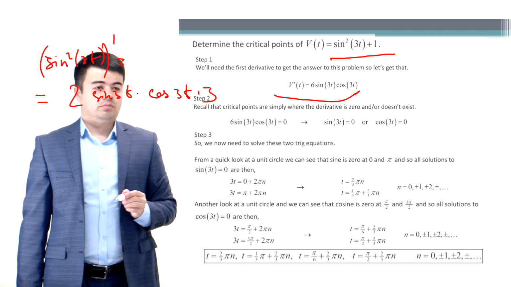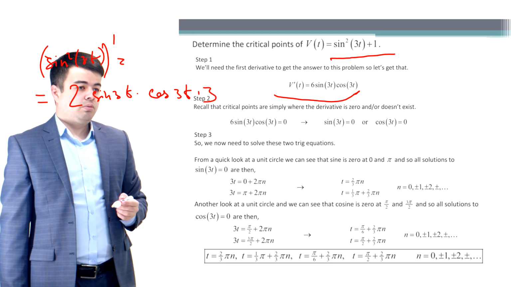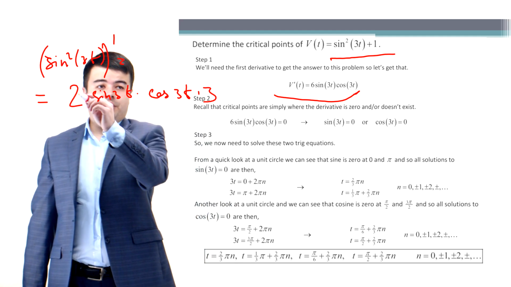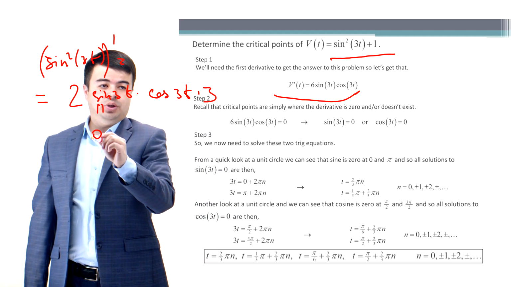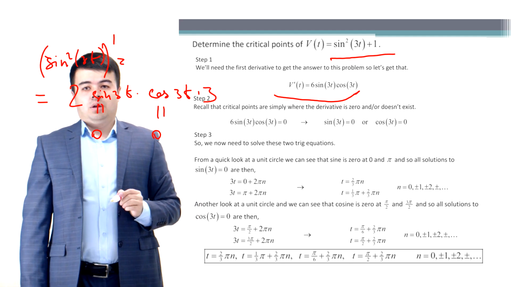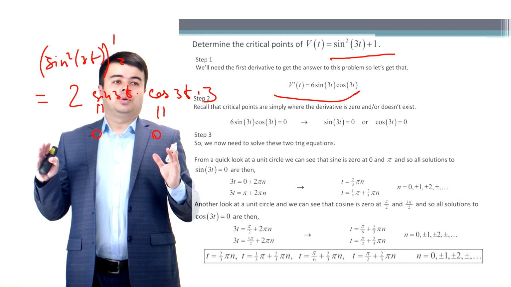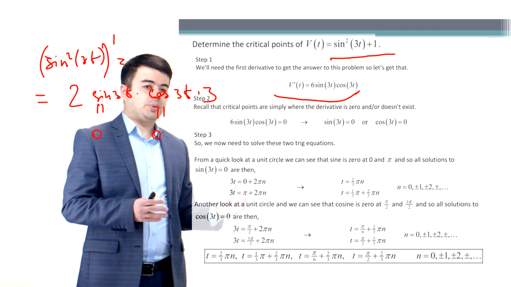Of course, we can just equate these two factors to 0 separately: this one equals 0, and also this one equals 0. Here we have two equations, sine 3t and cosine 3t equal to 0.